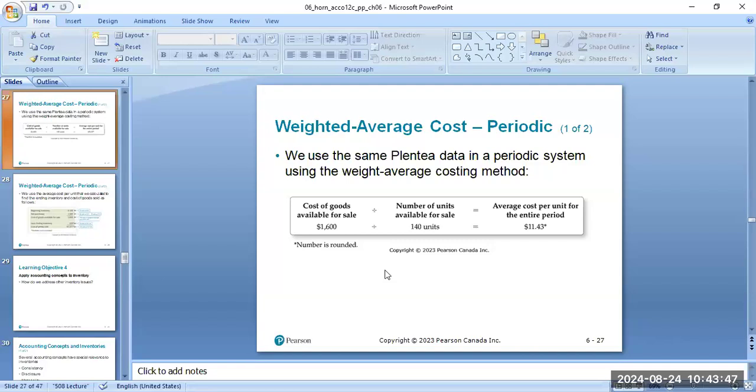Now, on the weighted average method, since we're using the periodic system, which is not automatically updated after every purchase, we cannot possibly come up with a moving weighted average cost.